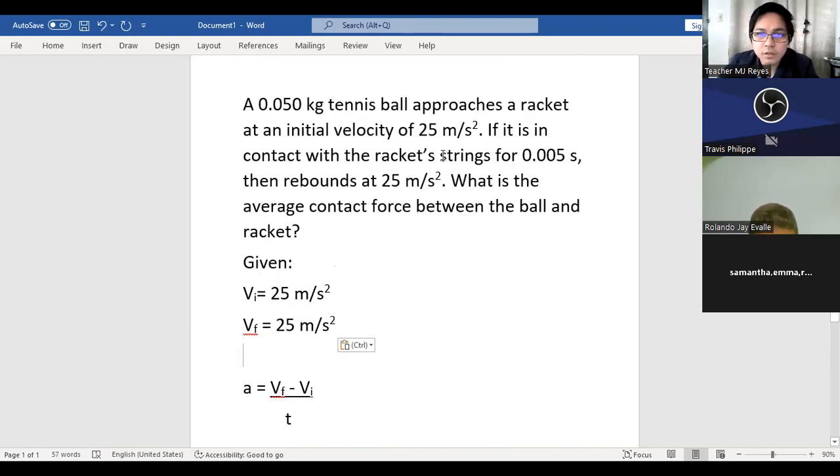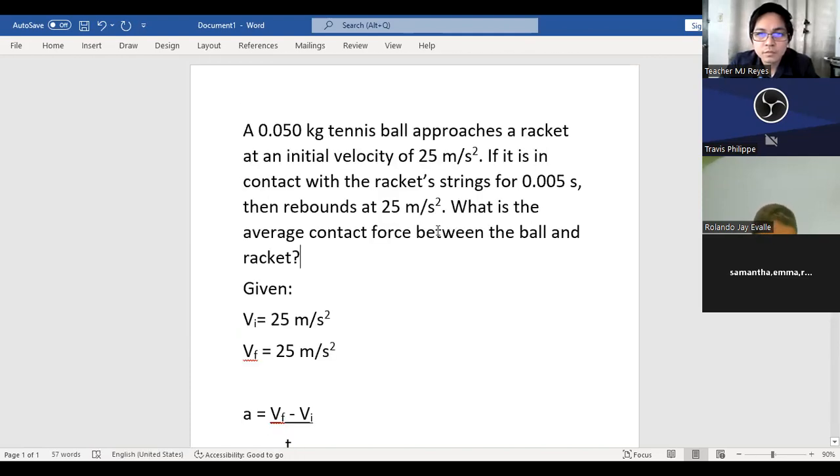It is in contact with the rocket strings. This is the time. So we divide it. Okay, so there's a problem with the given. We cannot have this one.